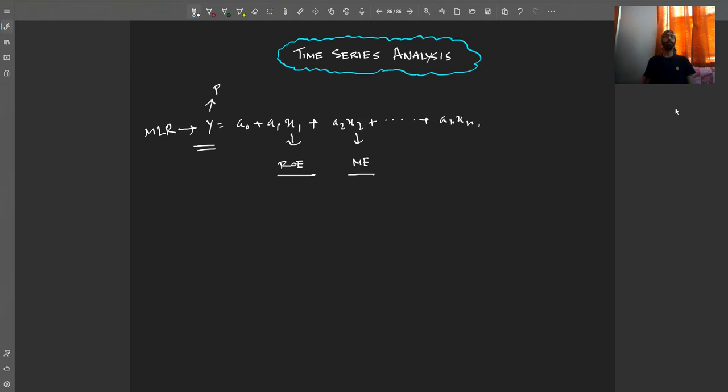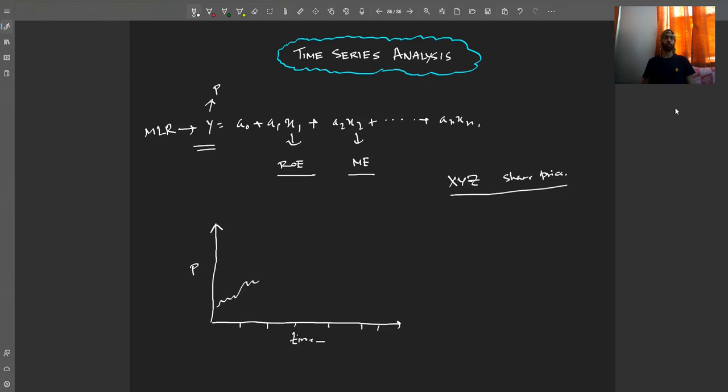Now, if you go to Google and search, let's say, XYZ share price, you'll come up with something like this. There will be a vertical axis where the prices will be plotted, and a horizontal axis where the time will be plotted, right? Let's say 1 month, 3 months, 6 months, 5 years, 10 years, like that. And a curve like this will be visible to you, right?